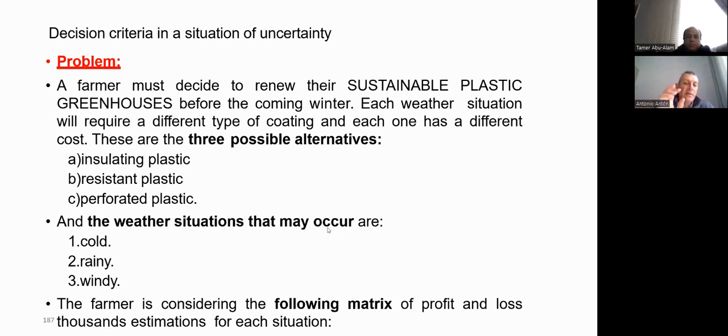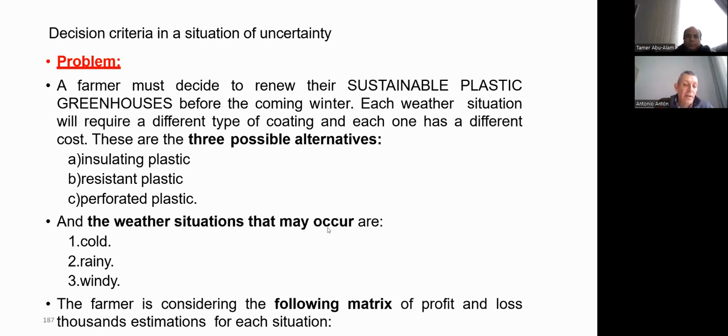So insulated plastic is a plastic that you can use to insulate whatever the weather. In terms of winter, it insulates very well. Resistant plastic tends to be for the rainy scenario, and perforated plastic for the windy.